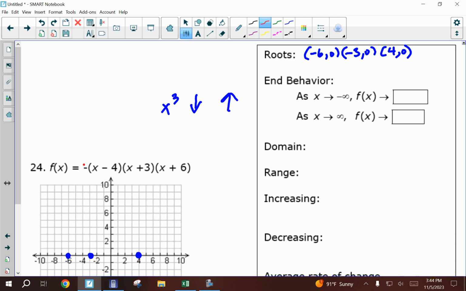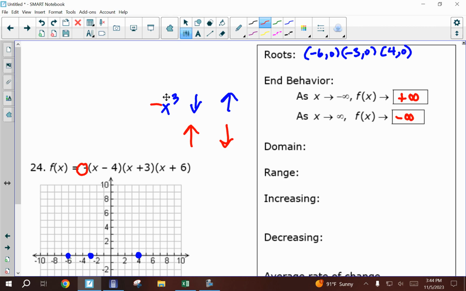But because of this minus here, that's going to flip it. So if that flips, that means the left side is up and the right side is down. So I can actually do the end behavior without even seeing the picture. If the left side is going up, that's going to be a positive infinity. And if the right side is going down, that's going to be a negative infinity.